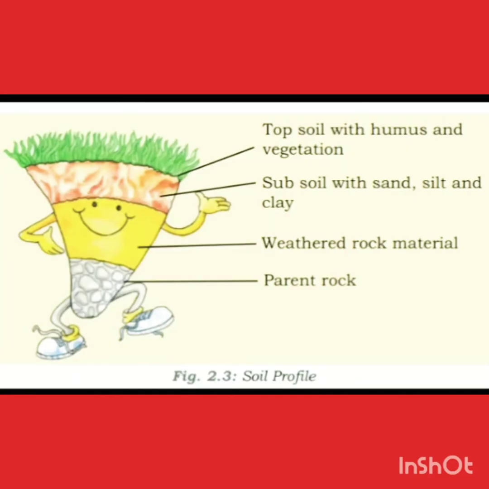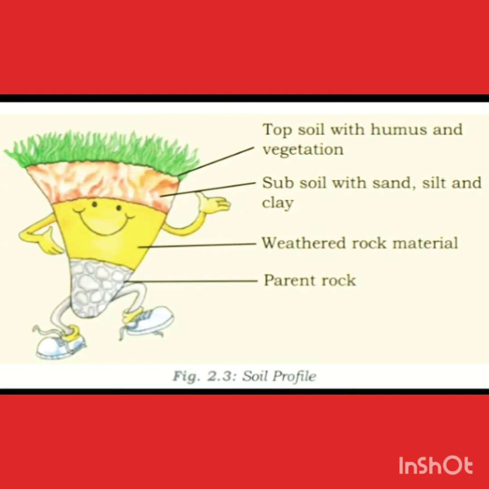Now look at the picture of this soil profile which is given in your textbook itself. In the bottom you can see the parent rock, shown in gray color. There you can see some rocks, right? Then the yellow part shows the weathered rock material.